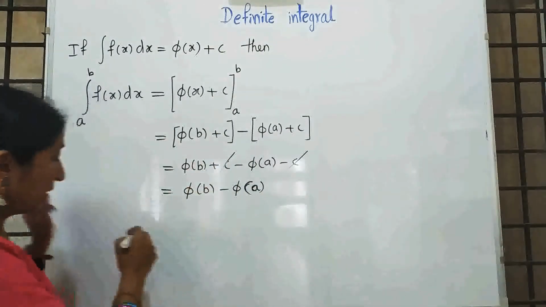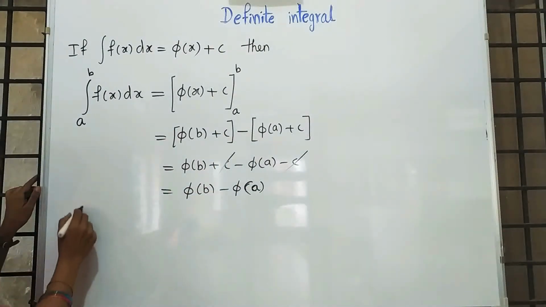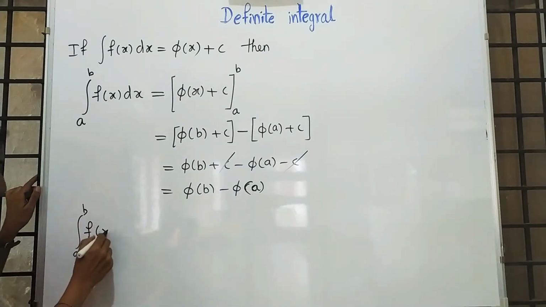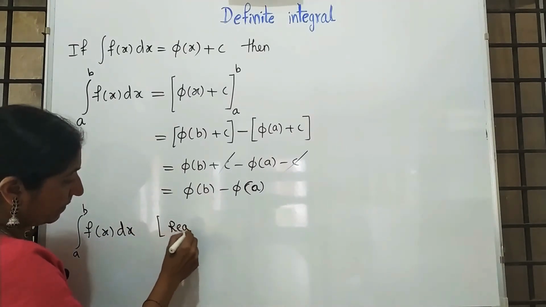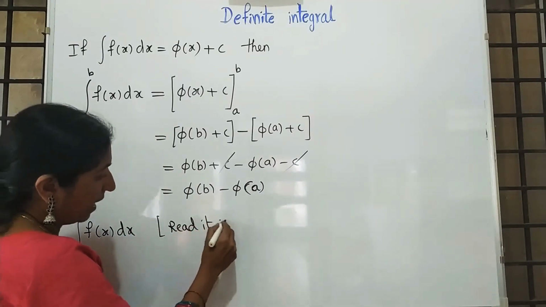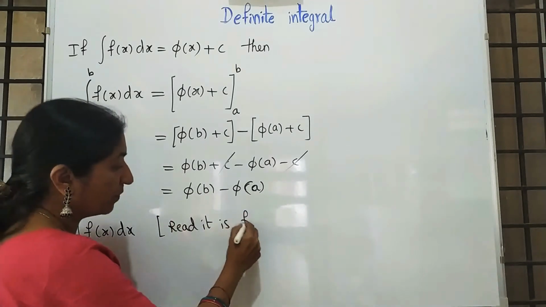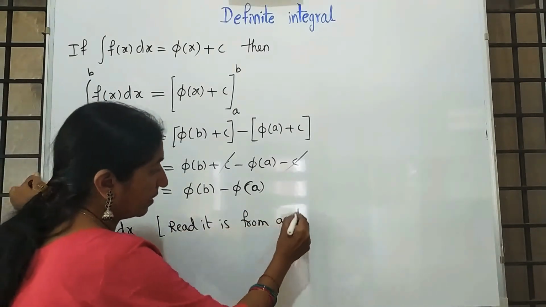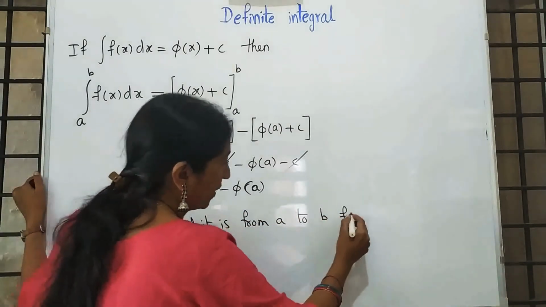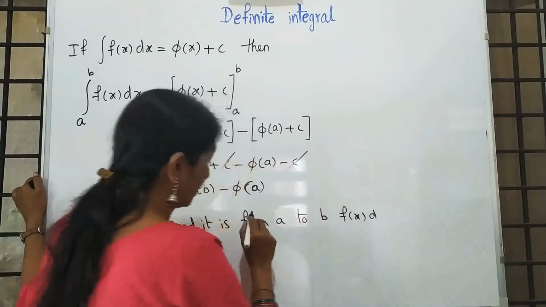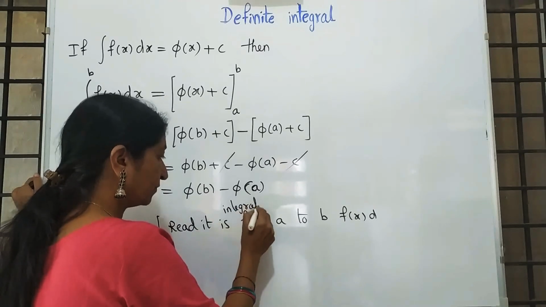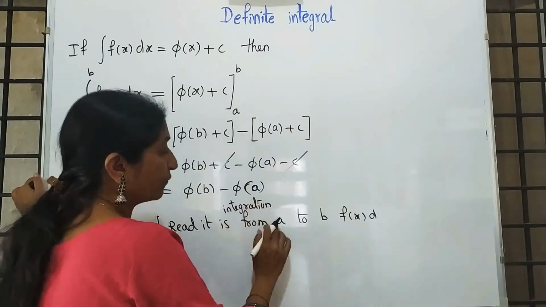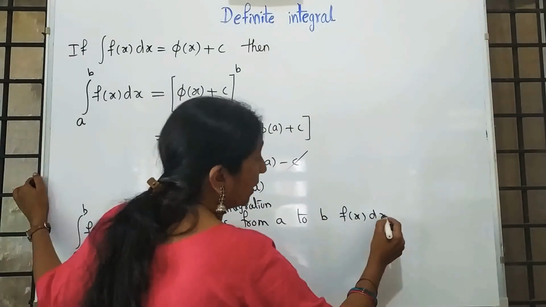So here, integration from a to b, f of x dx is read as integration from a to b f of x dx.